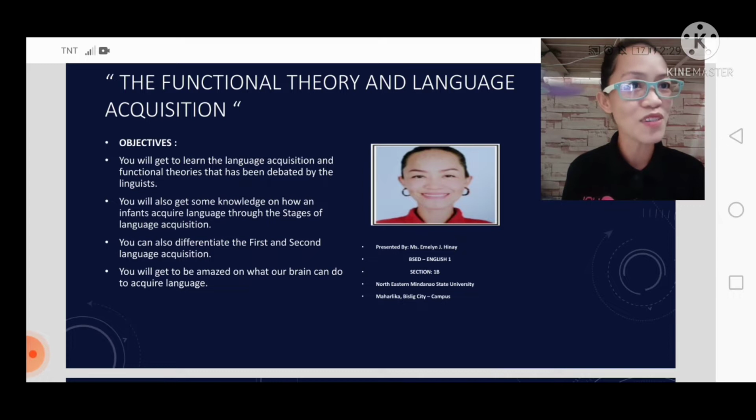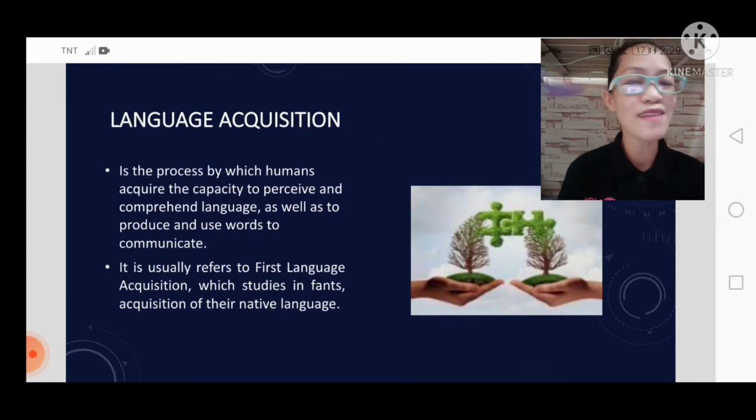So let's start on the first slide of this presentation. This is language acquisition. Language acquisition is the process by which humans acquire the capacity to perceive and comprehend language, as well as to produce and use words to communicate.